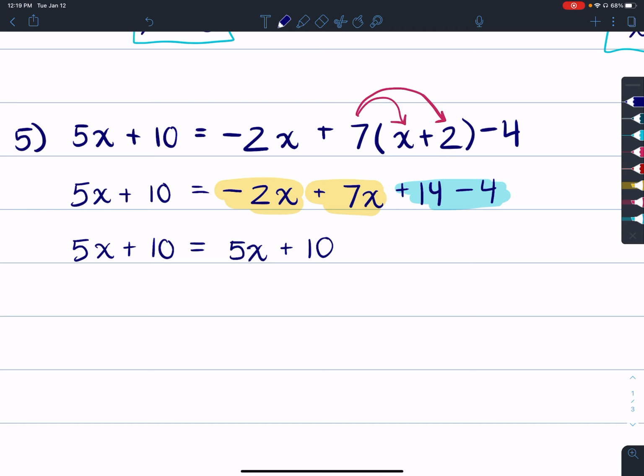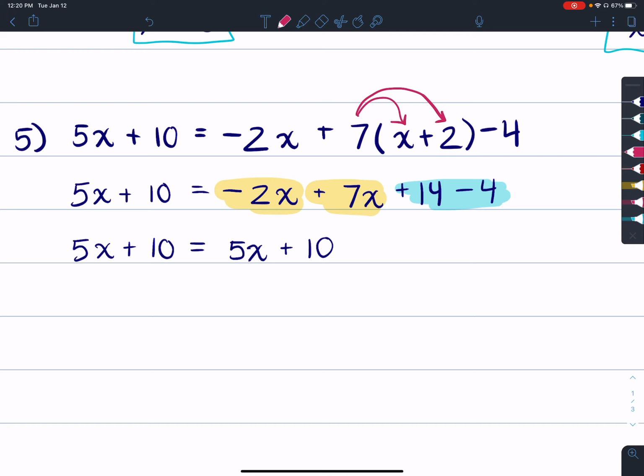Now we need to put all of our x's on one side and all of our numbers on the other. I like to call this letterland and numberland. That's something a teacher told me back in 8th grade. So we want to create letterland and numberland. I always like to keep letterland on the left, just because it looks nicer.